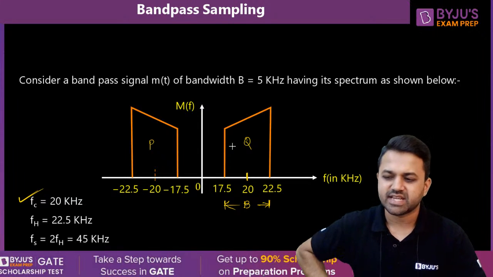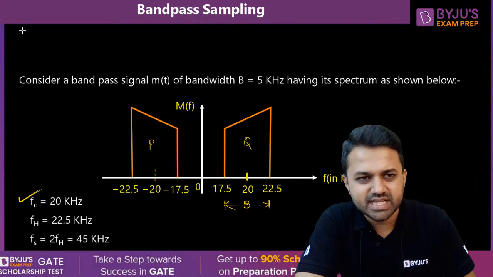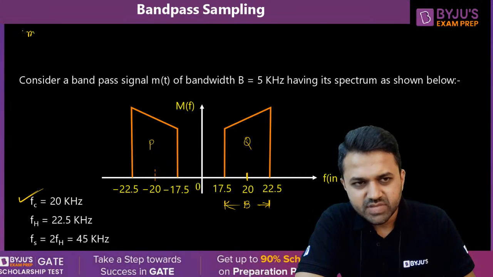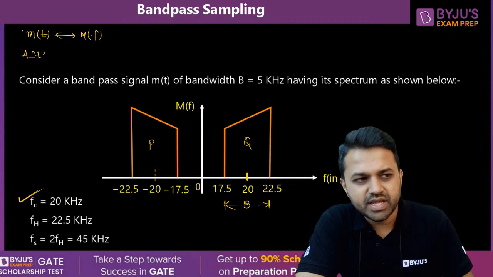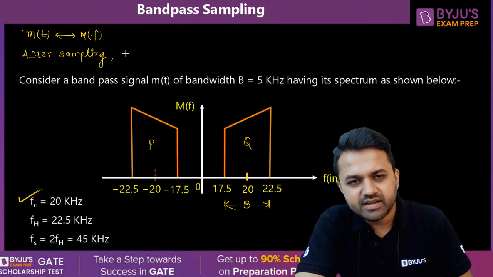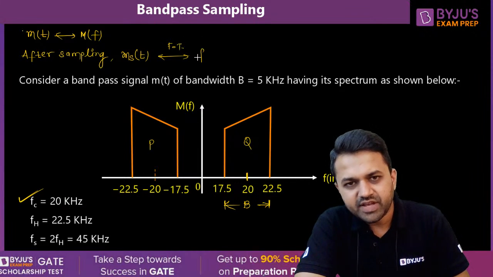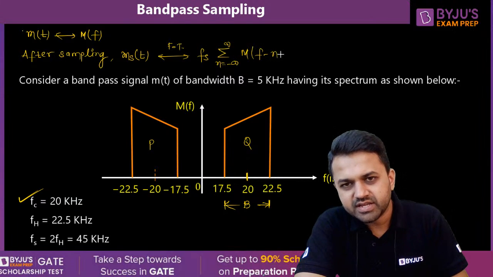For example, when we sample a low pass signal m(t) having Fourier transform M(f), after sampling we get m_s(t), which has the Fourier transform Fs multiplied by the summation over n from minus infinity to infinity of M(f minus nFs).